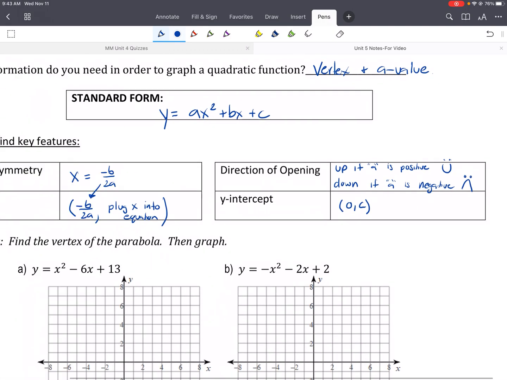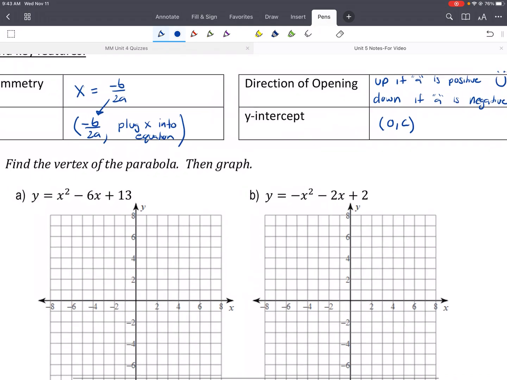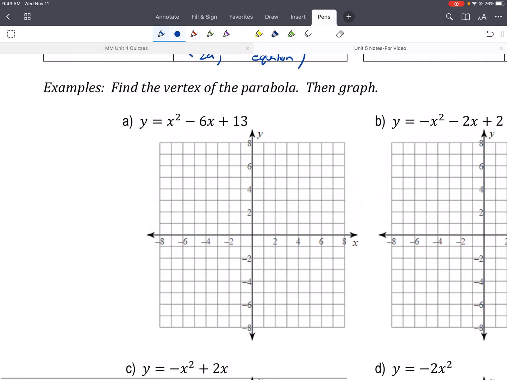All right, let's just do some problems. Let's try this problem together. We want to graph this from standard form. First we're going to want to find the vertex, and then use the growth pattern. To find the vertex, we first want to find the axis of symmetry, which is always negative b all over 2a.